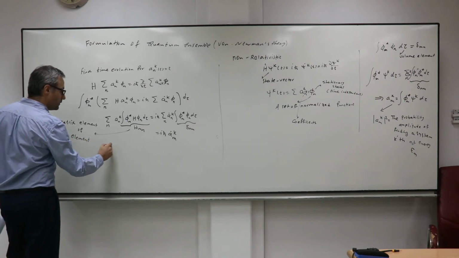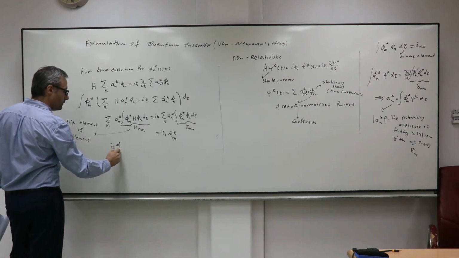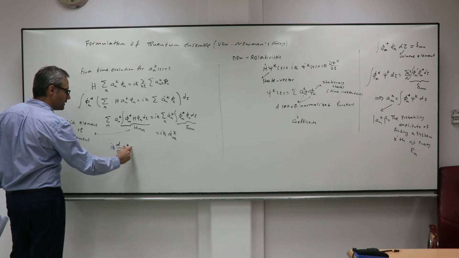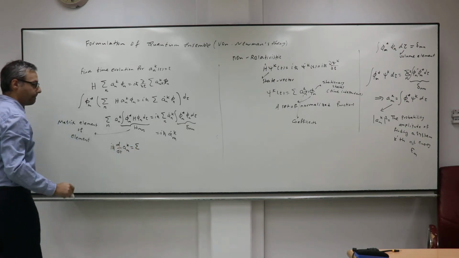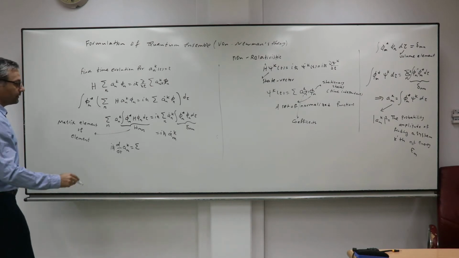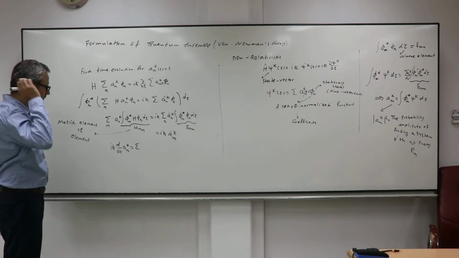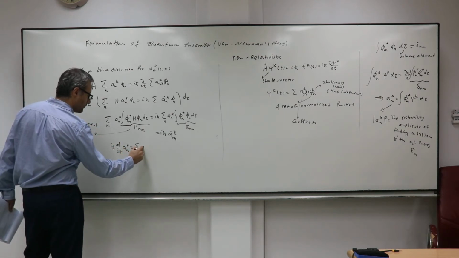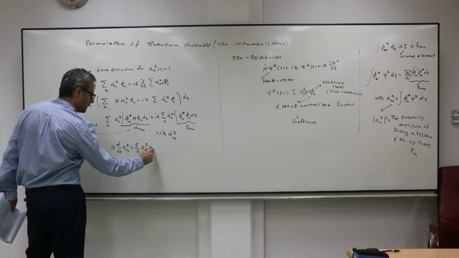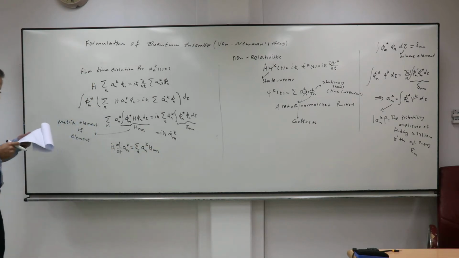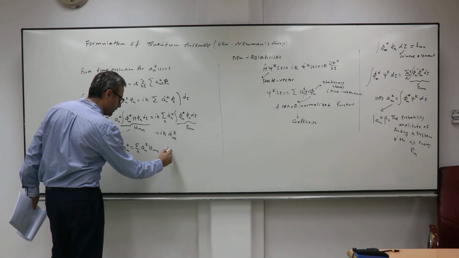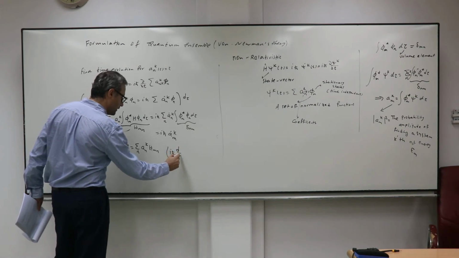So the equation which we find is d dt a n chi is sigma n, m is equal to n. Or, as I told you, you can just shift n to m.